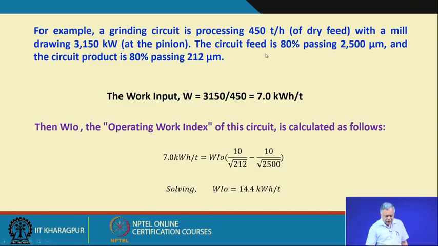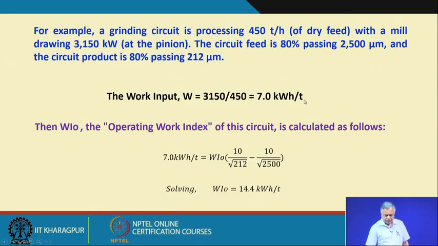So, while processing 450 tons per hour of dry feed in a mill which draws 3150 kilowatt of power, the circuit feed is 80% passing 2500 micrometer, and the circuit product is 80% passing 212 micrometer. Now, with that we can calculate the work input. The input energy is 3150 and we are processing 450 tons per hour, so that is 7 kilowatt hour per ton.